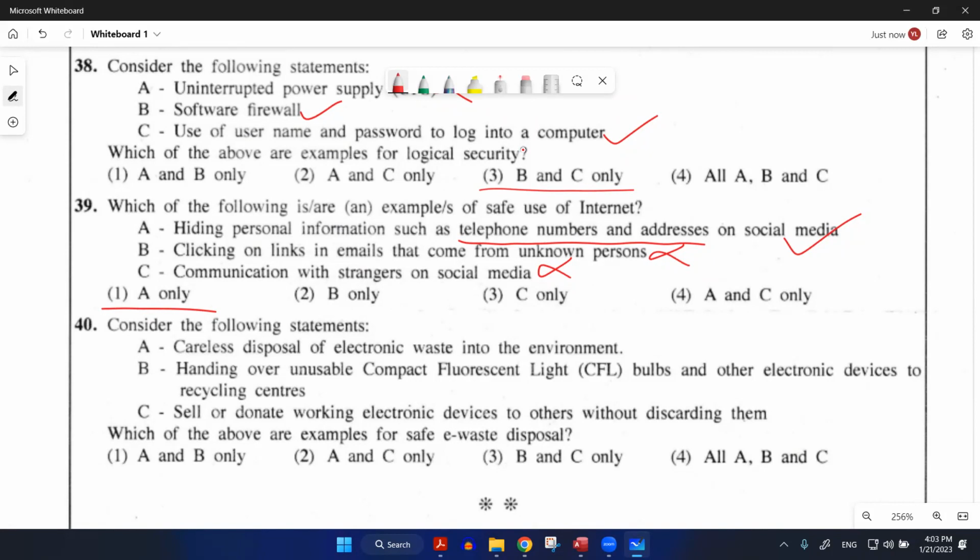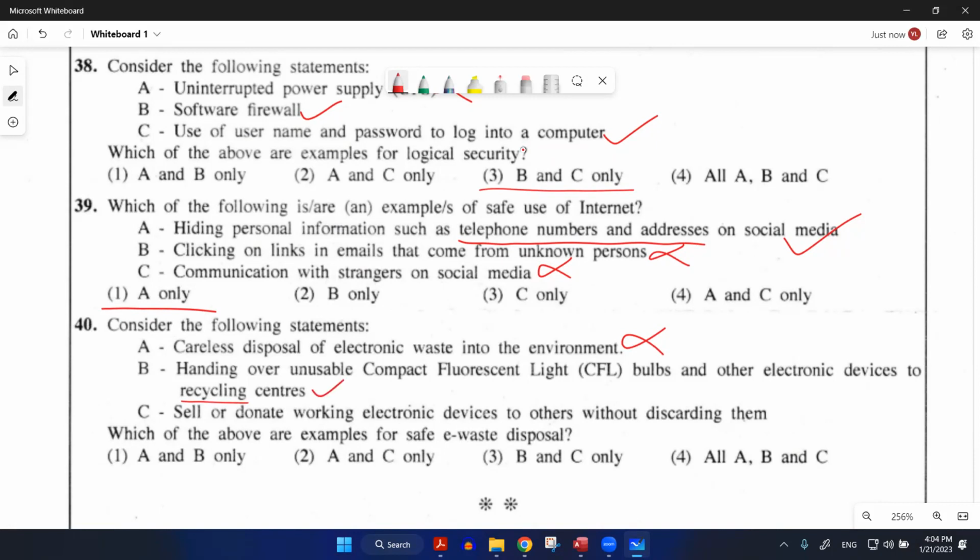When it comes to e-waste disposal, we have the 3R system, right? Reduce, reuse, and recycle. Careless disposal of electronic waste into the environment, no, it is not a recommended way. Handing over unusable compact fluorescent light bulbs and other electronic devices to the recycling center, yeah, that goes with recycle.